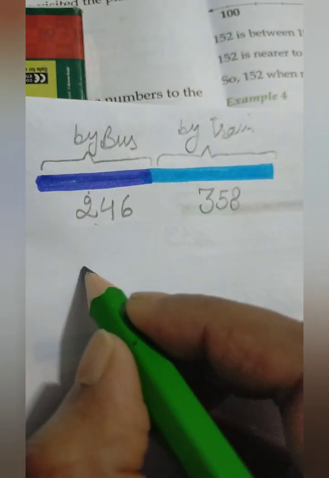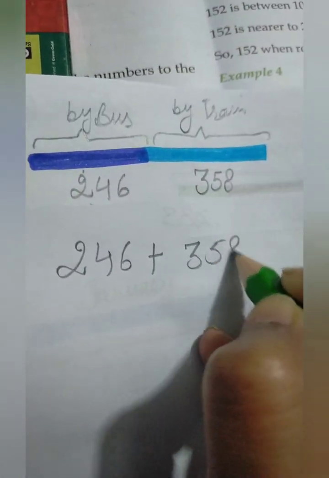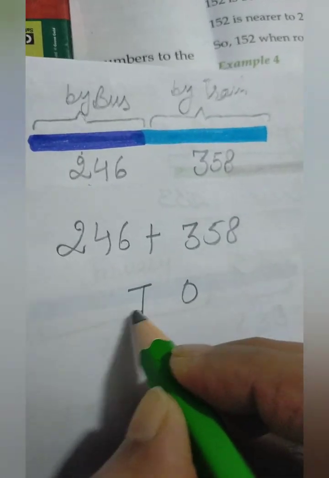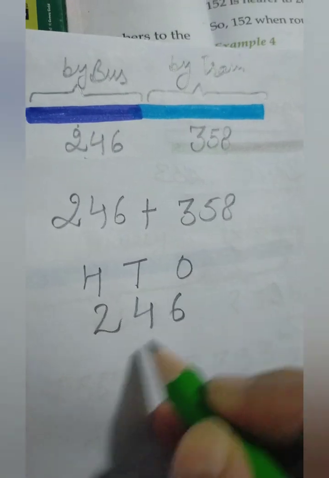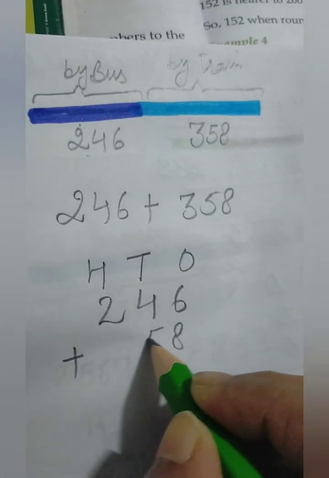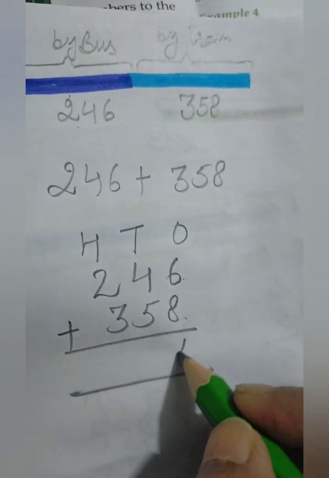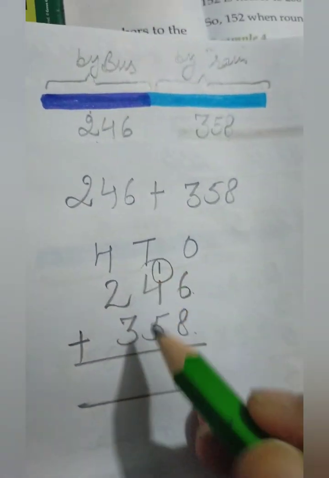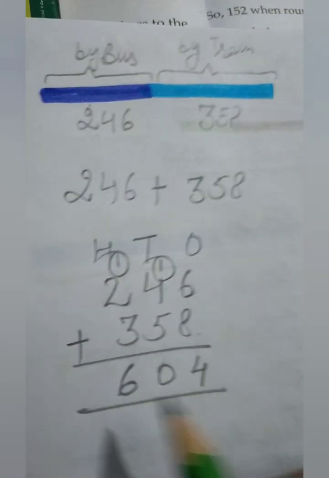So we will add 246 plus 358. Ones, tens, hundreds. When we add these, 6 plus 8, 14, 1 carry. Here it is 10 and 1 again carry, this is 6.